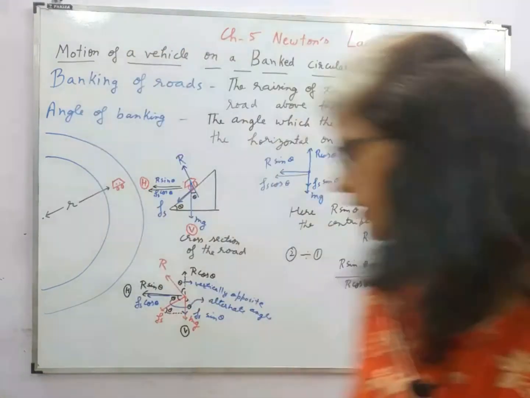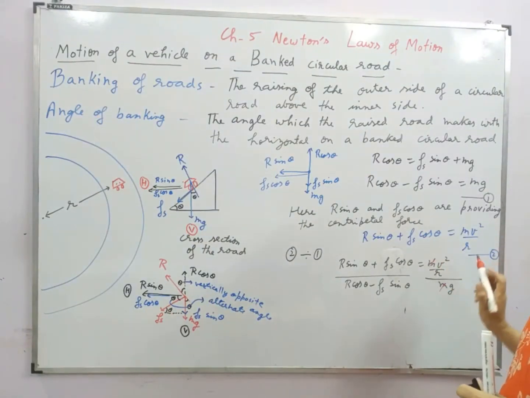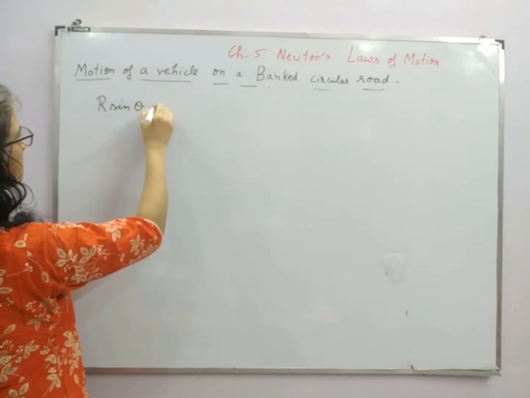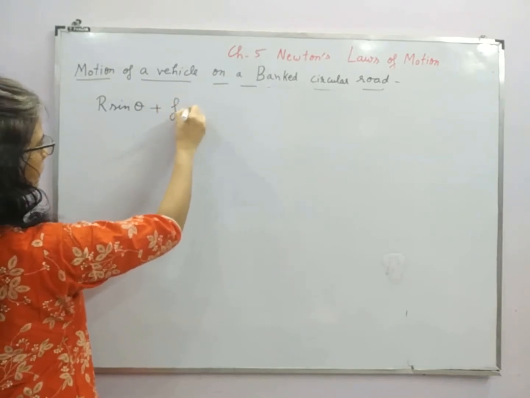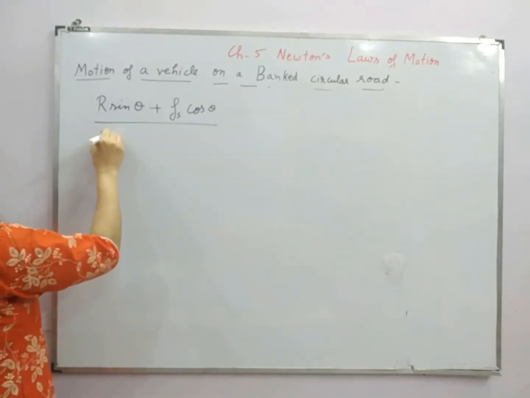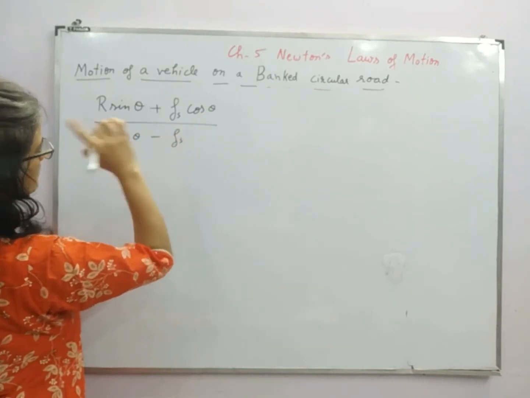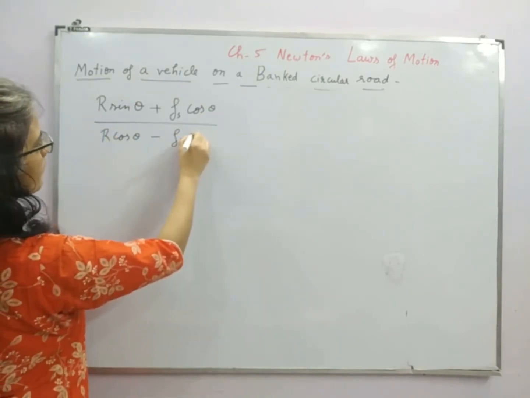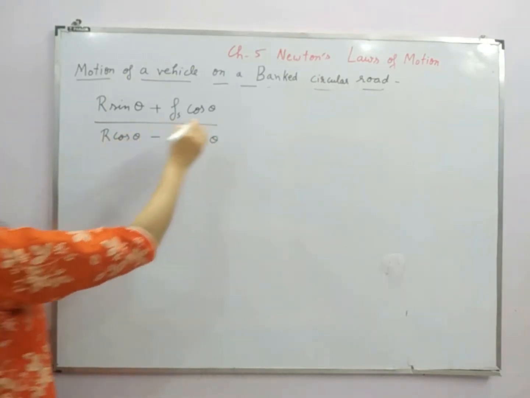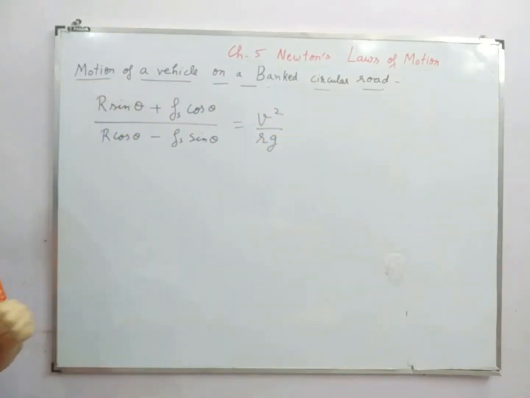So if we solve it, this will be v square upon rg on the right side, R sine theta plus Fs cos theta upon R cos theta minus Fs sine theta is equal to v square upon rg.